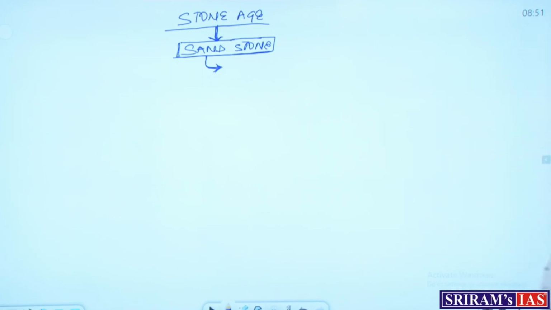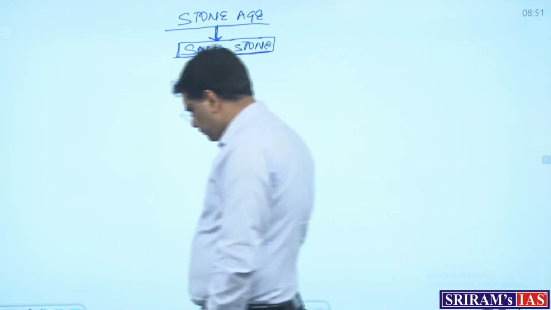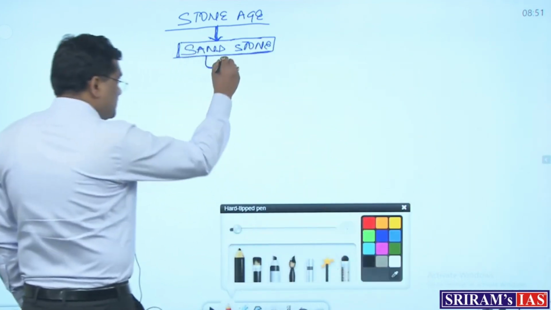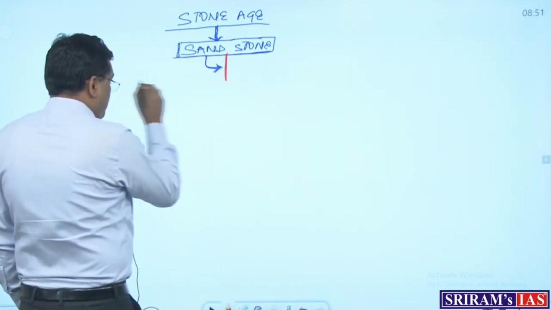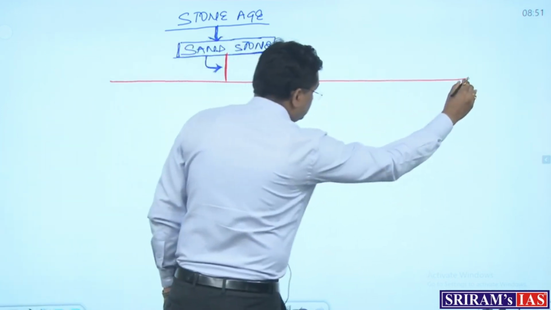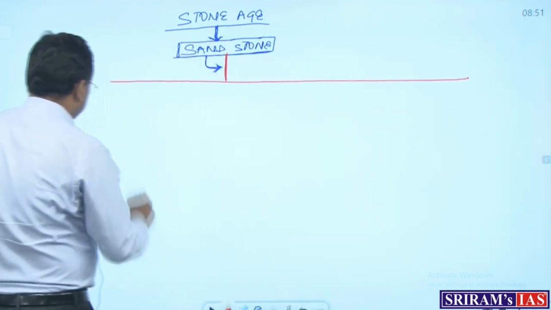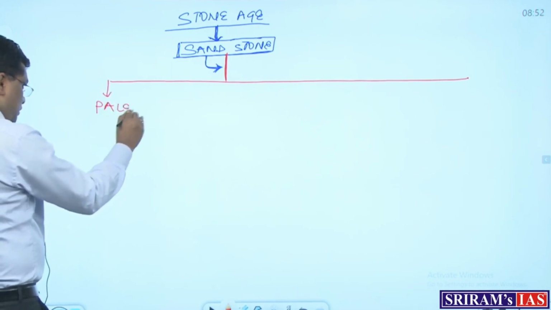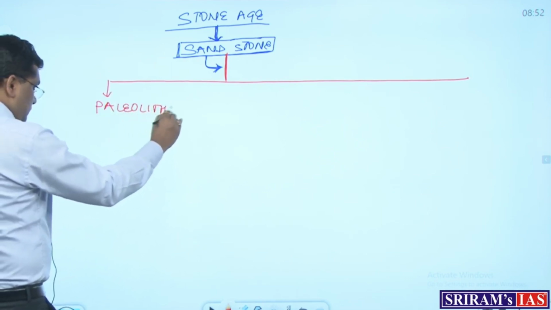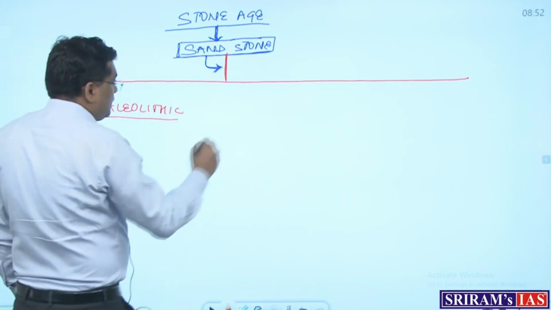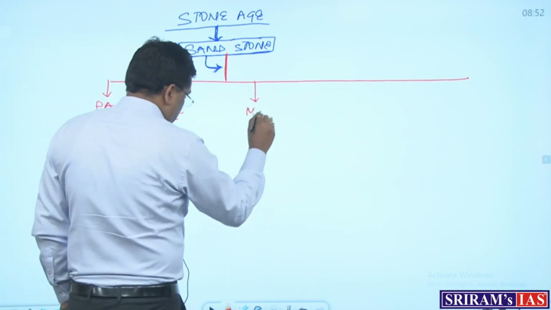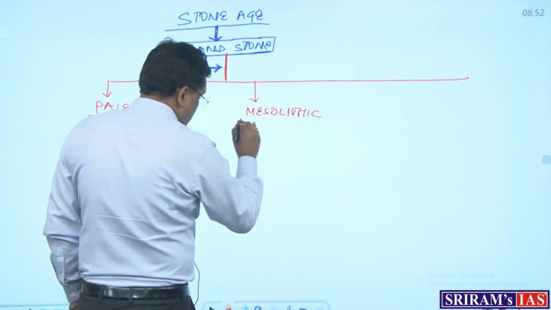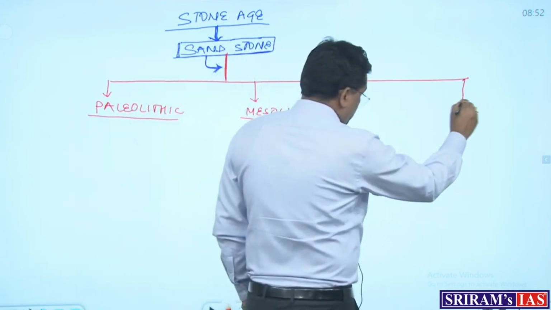There are 3 divisions in the Stone Age: Paleolithic, Mesolithic, and Neolithic.